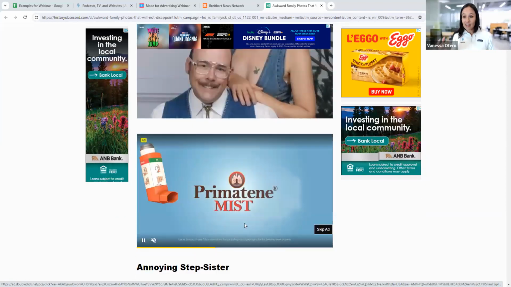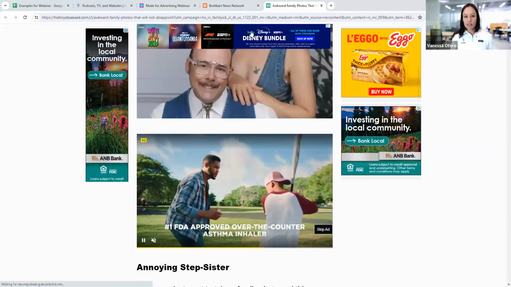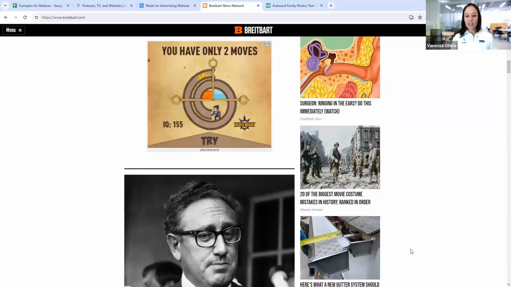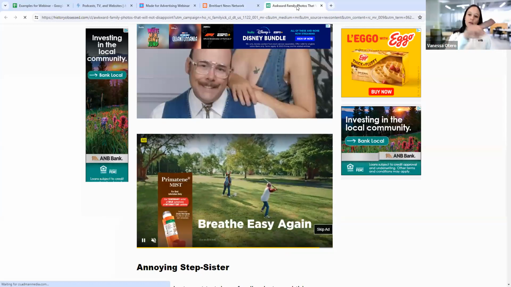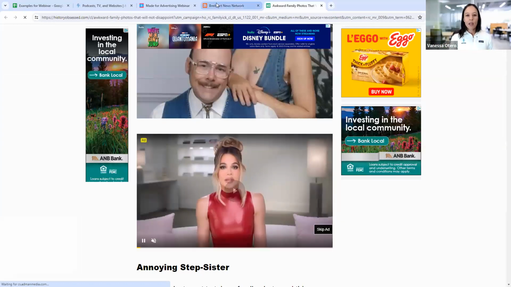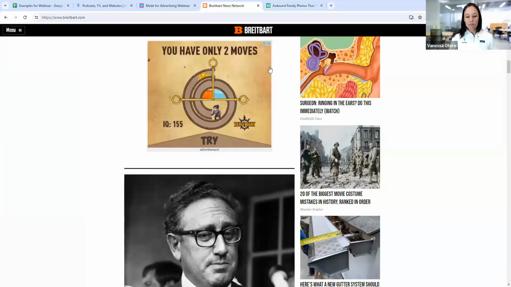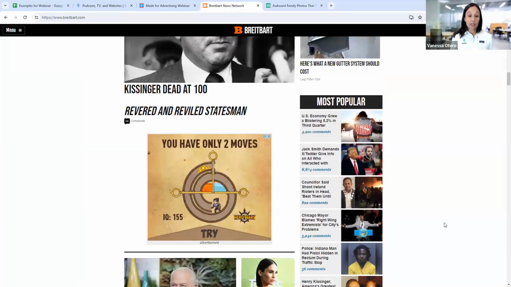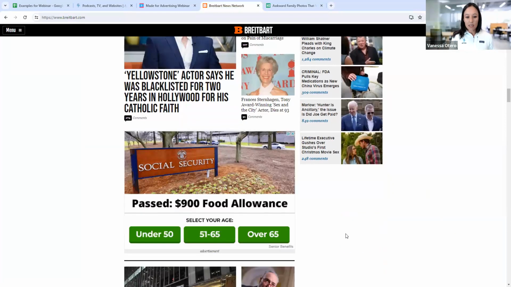So even though none of these advertisers are advertising directly on Breitbart, they are indirectly monetizing Breitbart with these ad dollars. That's one way that Breitbart, even though a lot of folks have it on their list of things that they don't advertise on, still makes plenty of ad dollars.